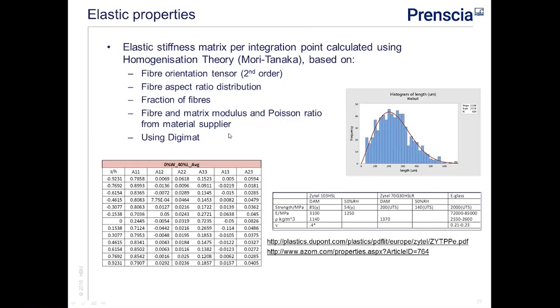And then I've used Digimat in this case to do the homogenization, and from that we can predict the anisotropic material stiffness matrix for input into the FE.